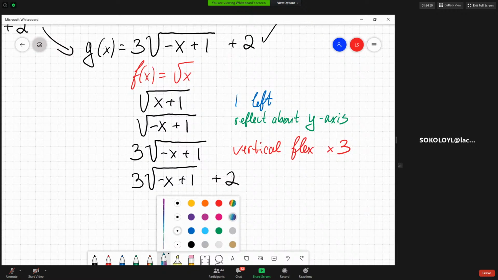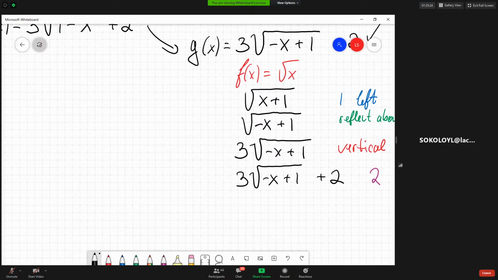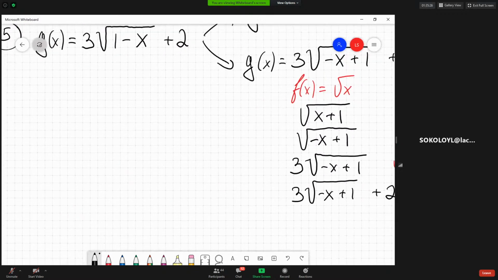I guess I can do purple. Well, I'm not going to say vertical, I'm just going to say 2 up. All right, so those are all the transformations that will need to take place. So this could get pretty messy, but we'll try and keep track of it.